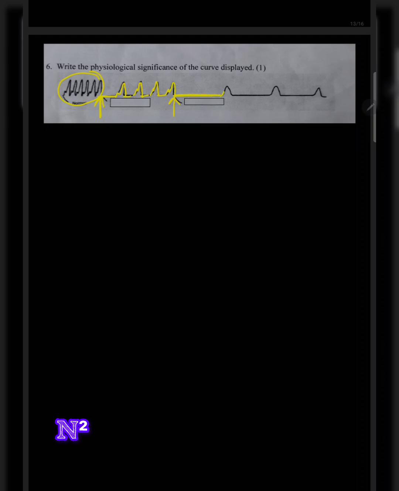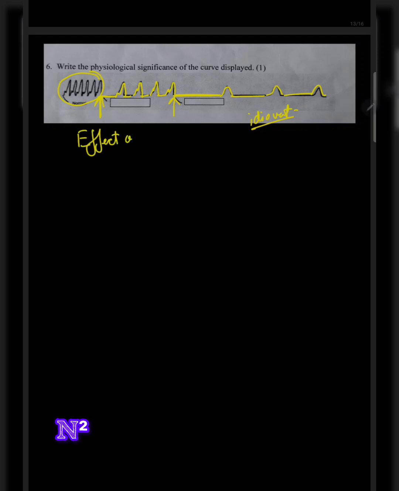Then it again starts to regenerate with a lesser heart rate, as well as decreased force of contraction. But this time around it does not even look like the normal cardiogram, so that's why it's called idioventricular rhythm or asynchronous rhythms.